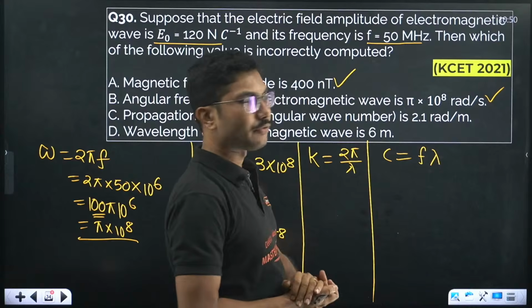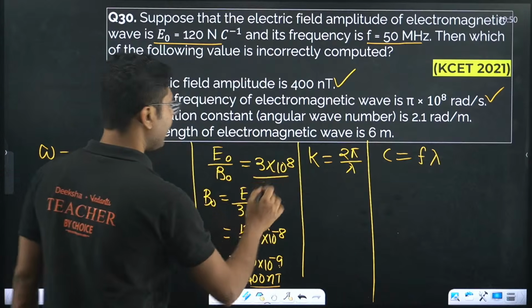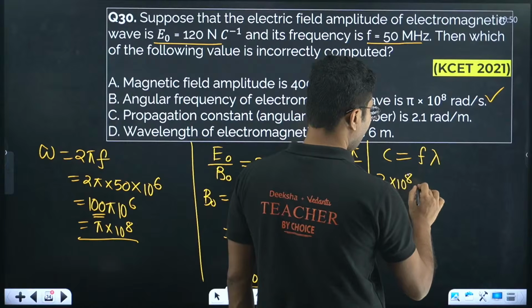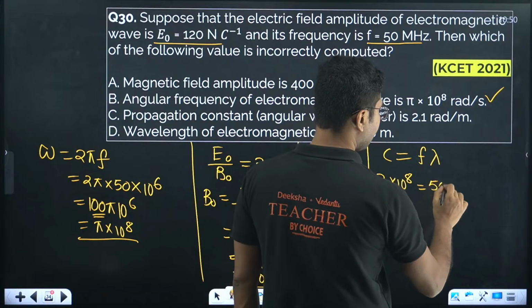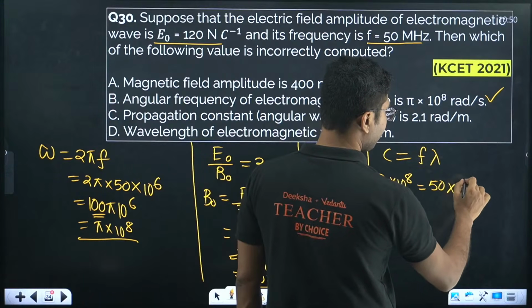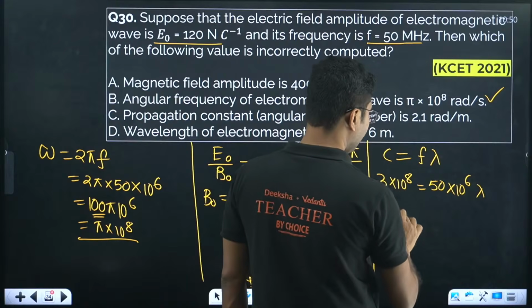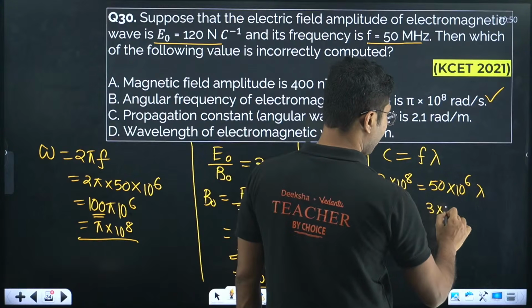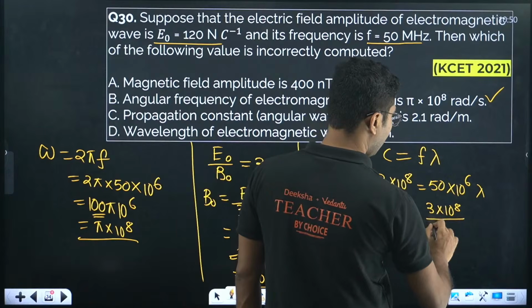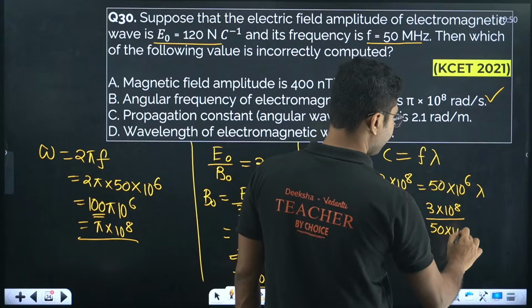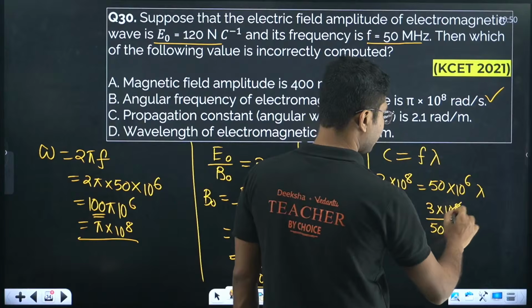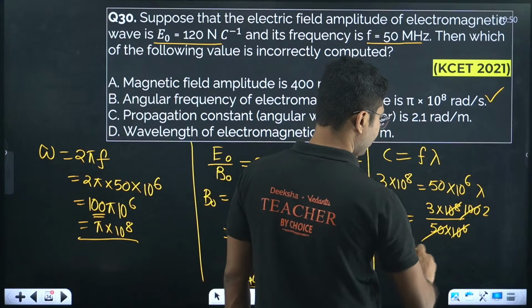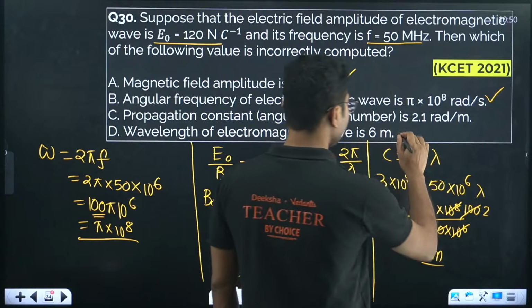So C is equal to f lambda. C is 3 into 10 to the power of 8, and frequency is 50 megahertz, that is 10 to the power of 6, into lambda. So lambda equals 3 into 10 to the power of 8 divided by 50 into 10 to the power of 6. The 10 to the power of 6 cancels, we get 100, and it gets cancelled by 2, so 6 meter. So this one is also a correct statement.